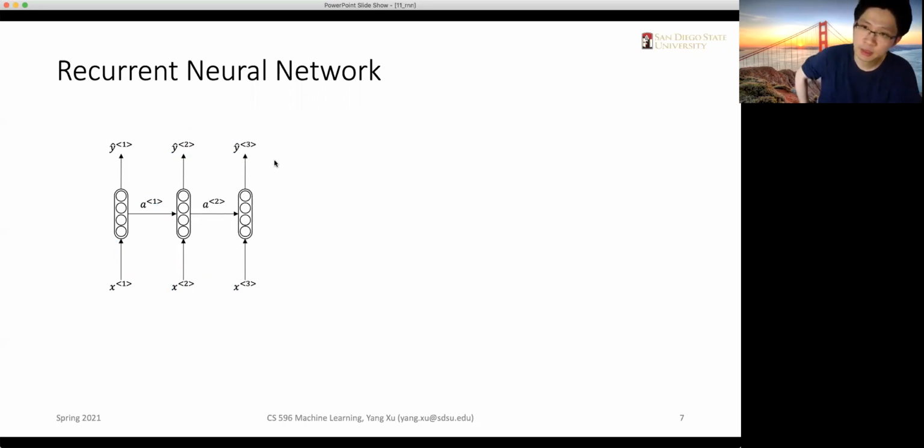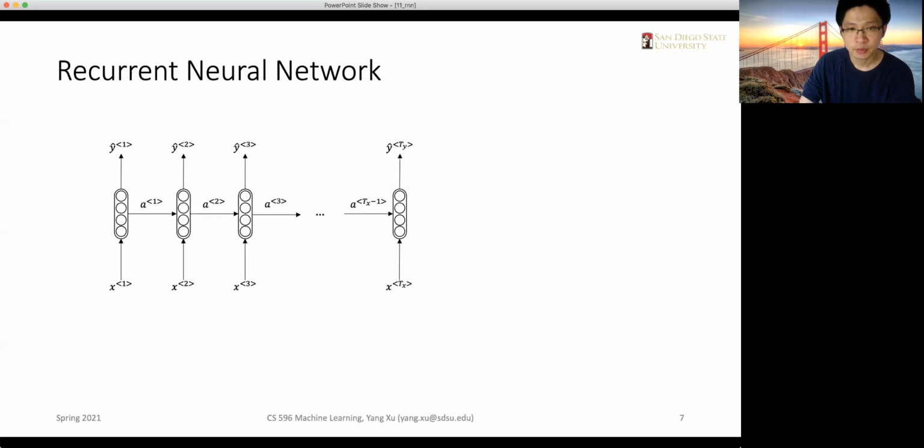We can infer for the third one: when we compute the third time step, x3 is taken as input, while at the same time the activation A2 is also used as input. We carry on this computation until we reach the end of the input sequence, and the activation from the previous time step is reused.